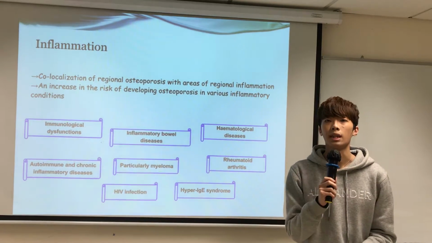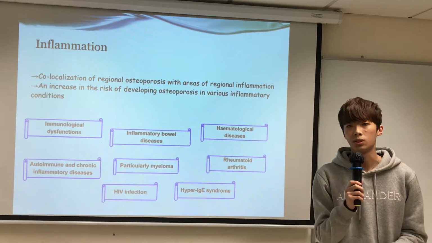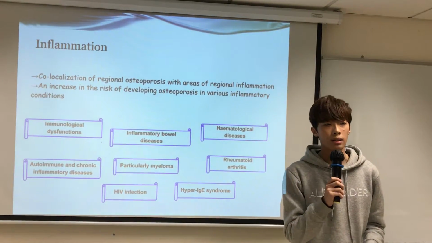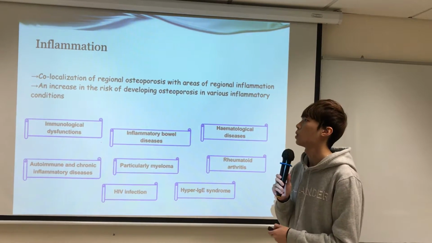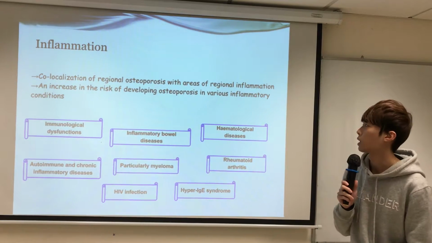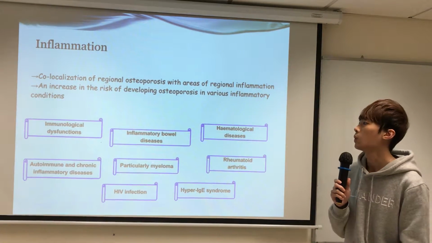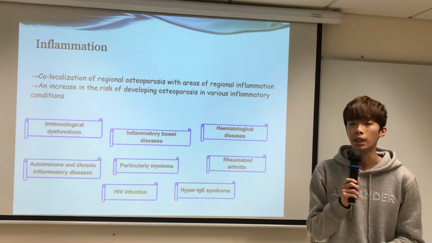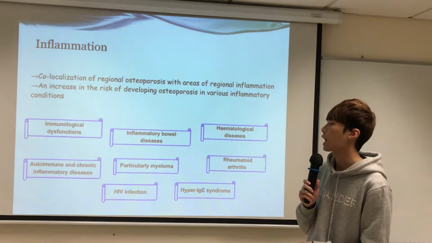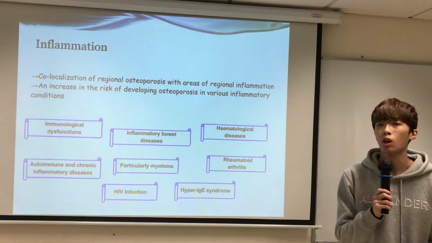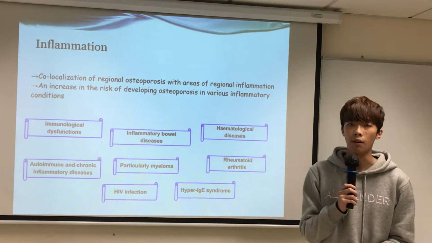So we have enough evidence to support our claim that osteoporosis is a chronic inflammation. So it's a colocalization of the regional inflammation. So here are some factors which will increase the chance of getting osteoporosis, for example, HIV infection, immunological dysfunction, and rheumatoid arthritis.